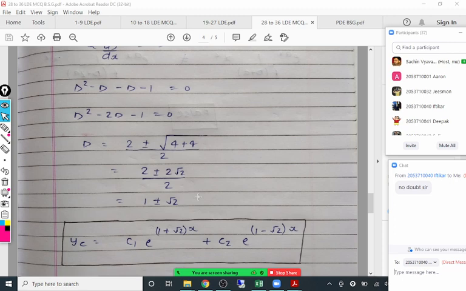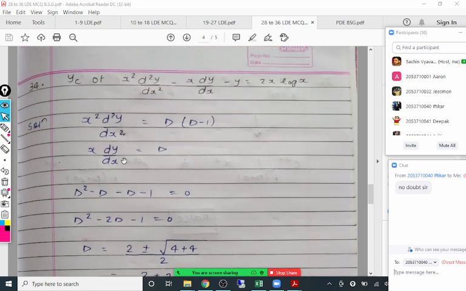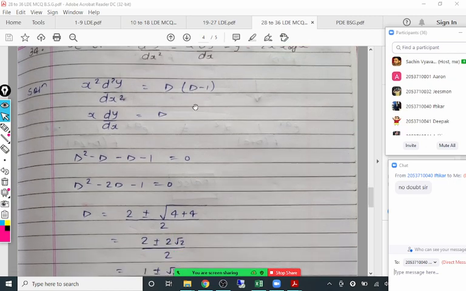Quick, quick. Is the answer written by him correct or not? Here is the differential equation. That's correct. How is it correct?